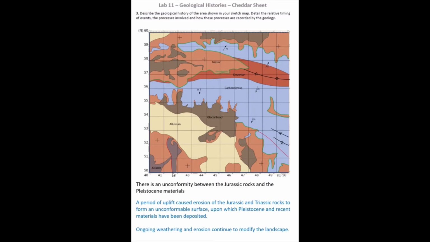So again, I would describe this as a period of uplift that caused the erosion of Jurassic and Triassic rocks to form an unconformable surface, or paraconformable surface, I guess, because everything's still flat, upon which Pleistocene and recent materials have been deposited. And obviously this landscape is still evolving, so I'd say that ongoing weathering and erosion continue to modify this landscape.